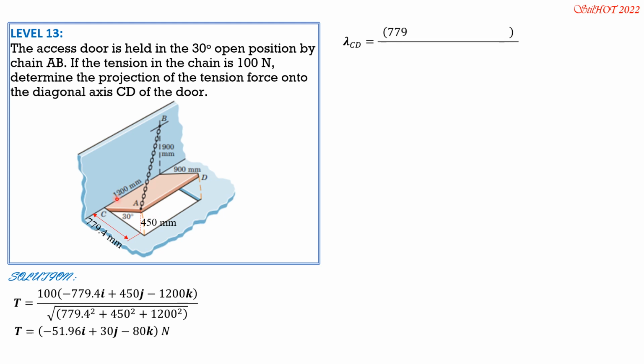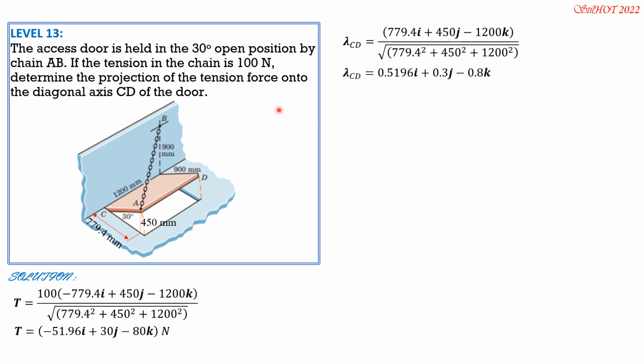So lambda CD is (779.4i + 450j - 1200k) over the square root of the squares of these components. So the unit vector of CD is 0.5196i + 0.3j - 0.8k.